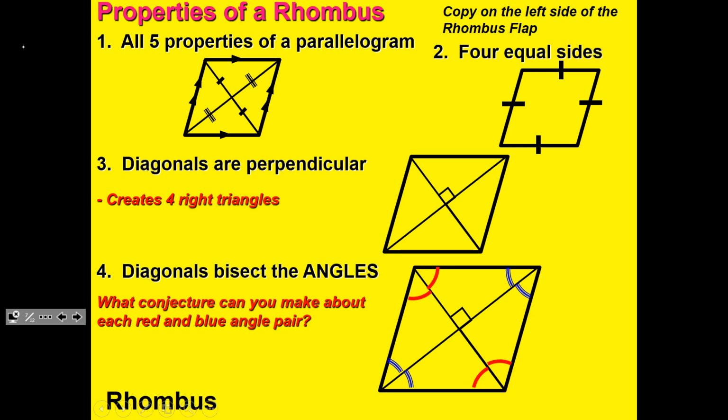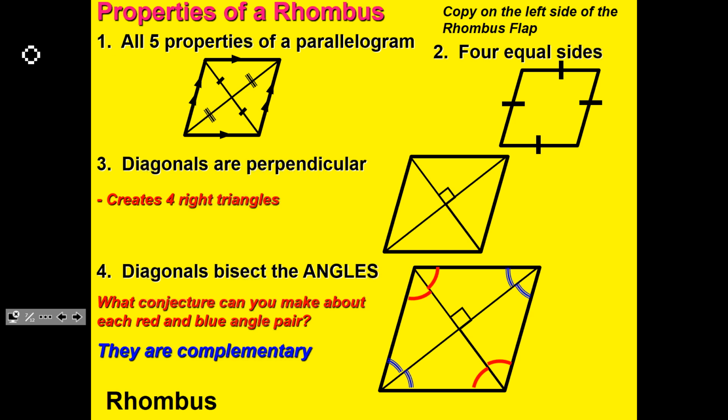But okay, so what conjecture can we make about each red and blue angle pair? So basically, what do you take away from that? Anybody have any ideas? Yes, we do. We have alternate interior here and here. Yes, very good. Because we do know that our sides are parallel. Nice.